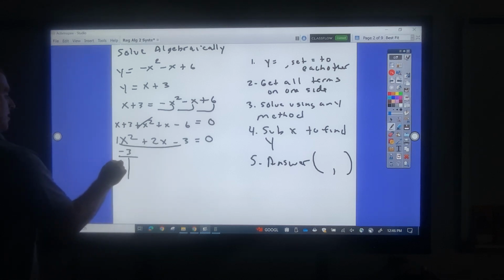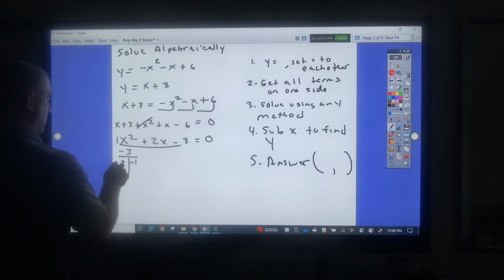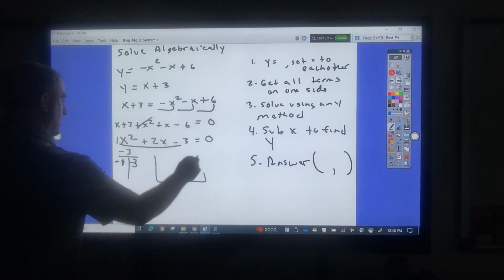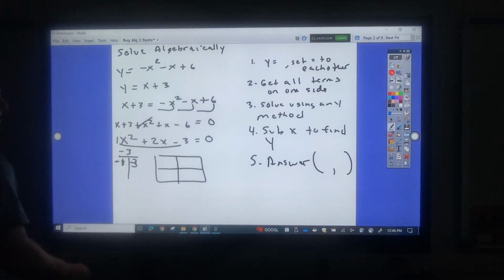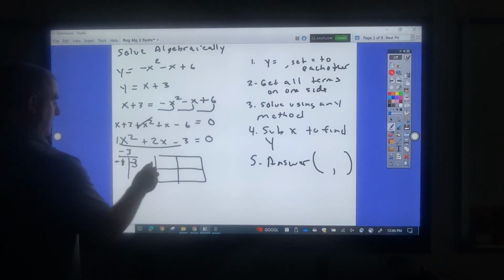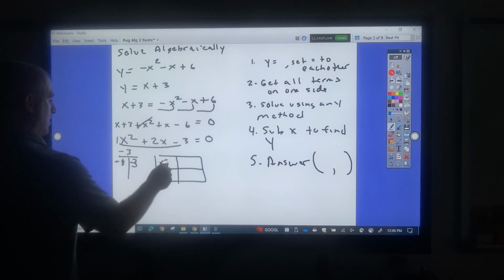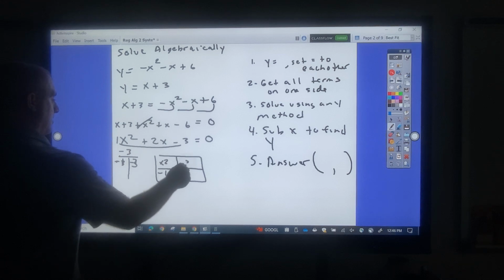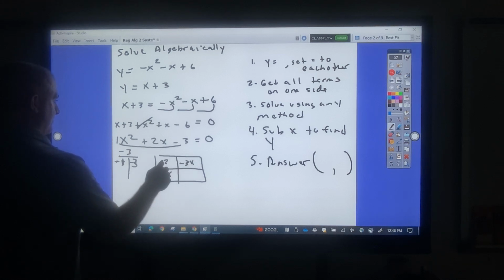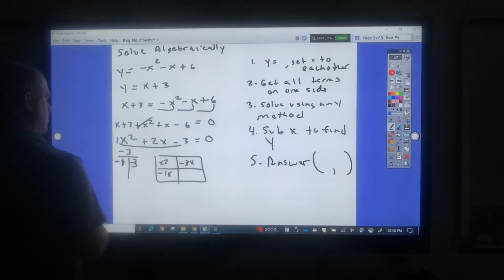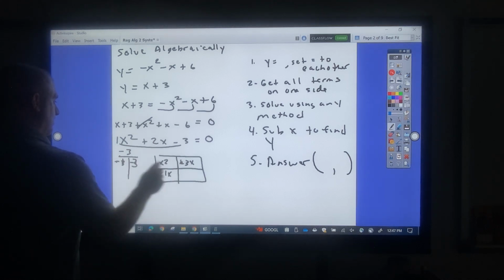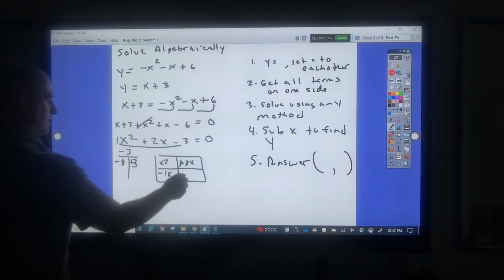3 and negative 1 would add up to 2. I would probably put that as negative 1, 3. So then I got x squared minus 1x plus 3x, sorry, plus 3x minus 3.